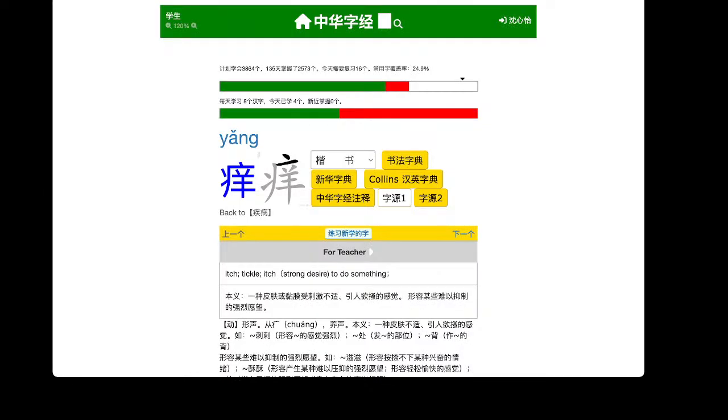And yang, you'll see inside of the disease radical is yang, sheep. This is actually simplified. It used to be yang, which refers to stuff that's nutritious for your body and good for the health. And what's that got to do with itchiness?